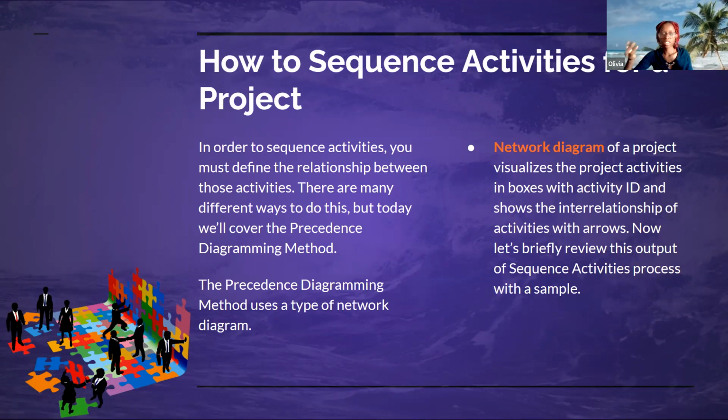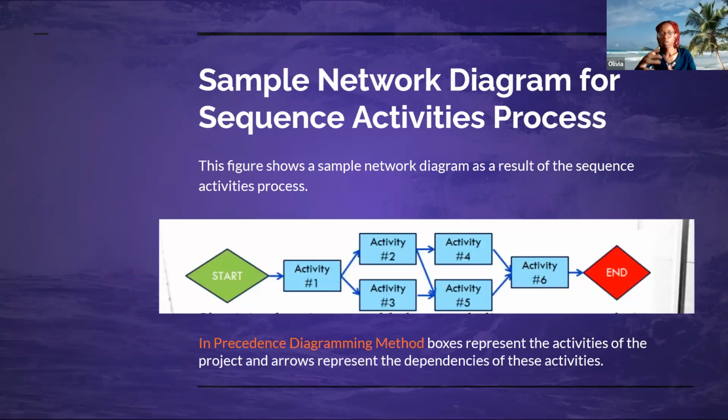When you talk about network, it's just a way to visualize activities in a box. You have the IDs, you have the interrelationship being shown, sometimes mostly with arrows. With this in mind, let's just see how this is supposed to look like and what it really pertains.